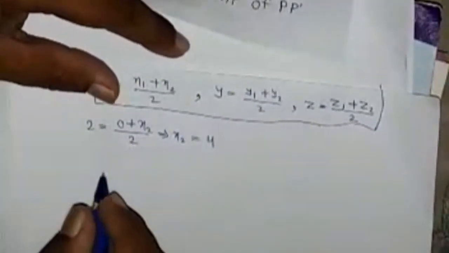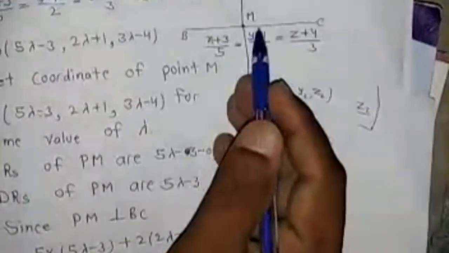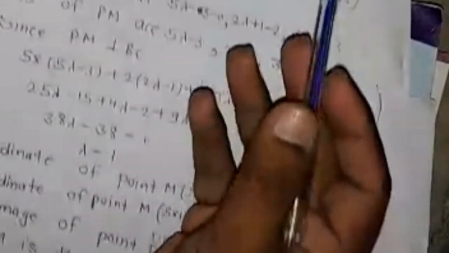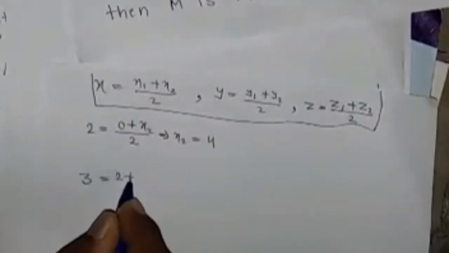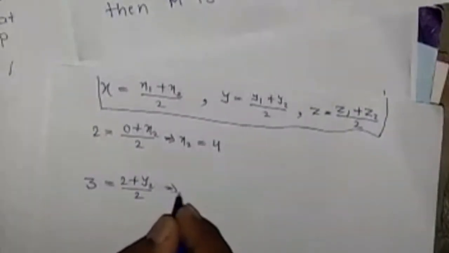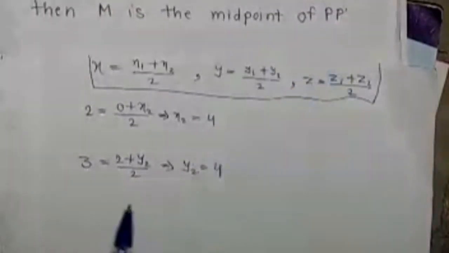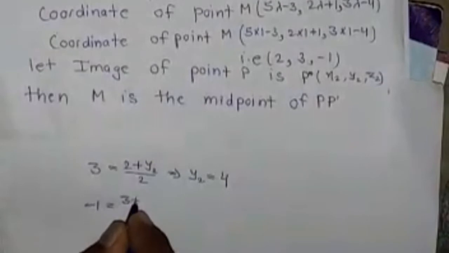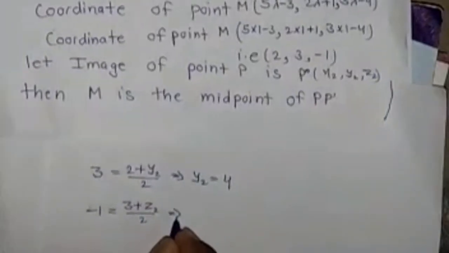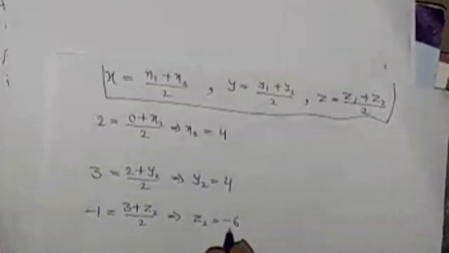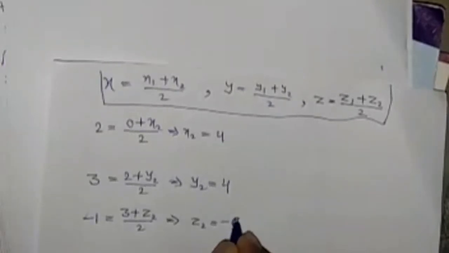Now the coordinate of y in M is 3, equal to (coordinate of y in point P, 2, plus y2)/2, then y2 equal 4, and for point Z is minus 1, Z1 is 3, plus Z2 equal minus 2, then Z2 equal minus 5.